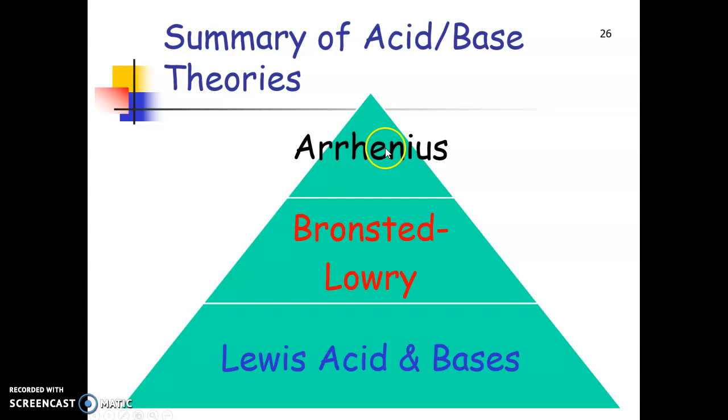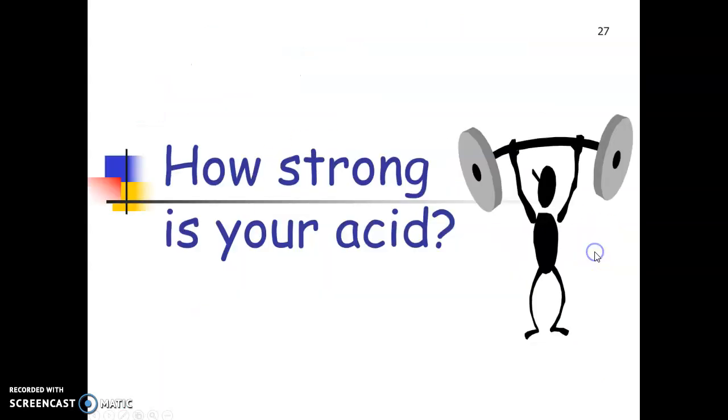And another thing for you to think of is that all acids that are Arrhenius acids will also be Bronsted-Lowry and Lewis acids, and that also, all Bronsted-Lowry acids and bases would also be Lewis acids and bases. But there are some Lewis acids and bases that might not be Bronsted-Lowry, and the same would apply. Some Bronsted-Lowry acids and bases might not be Arrhenius acids and bases.